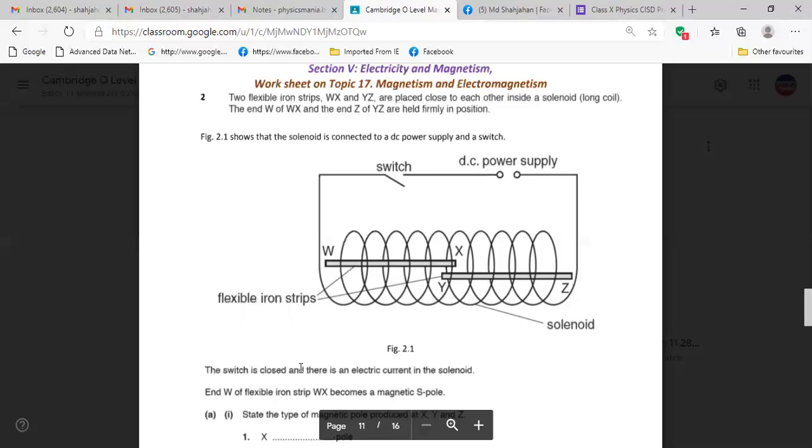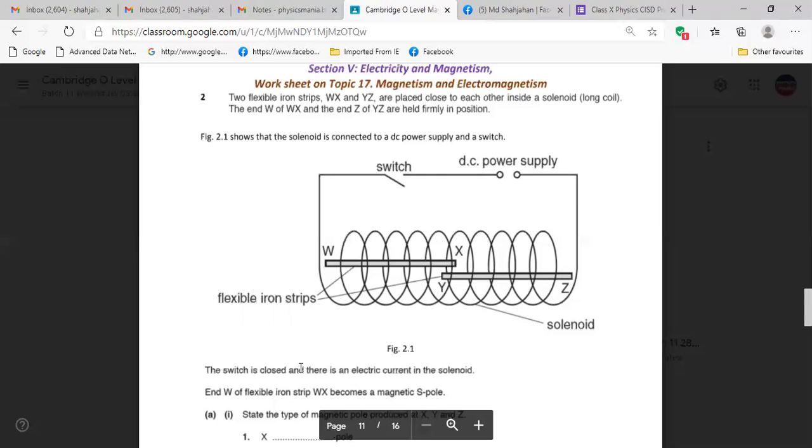Excellent. So read now question two, loudly. Two flexible iron strips WX and YZ are placed close to each other inside a solenoid. The end W of WX and the end Z of YZ are held firmly in position.